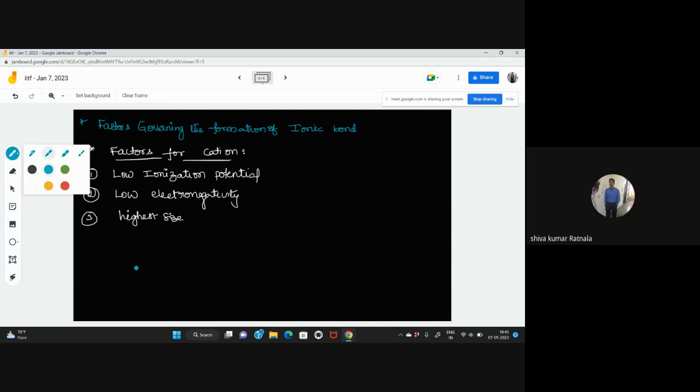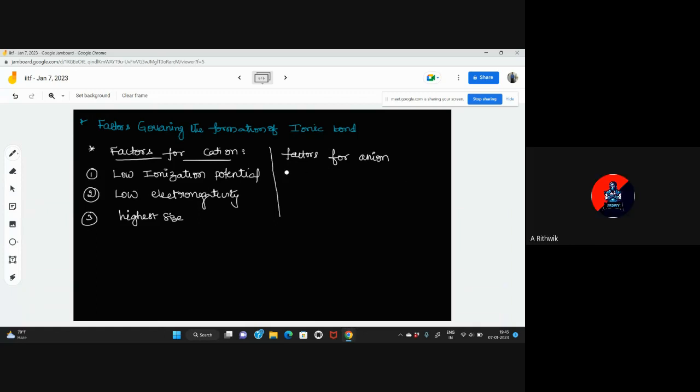Okay. Next one, factors for anion: high electron affinity and small size of atom.